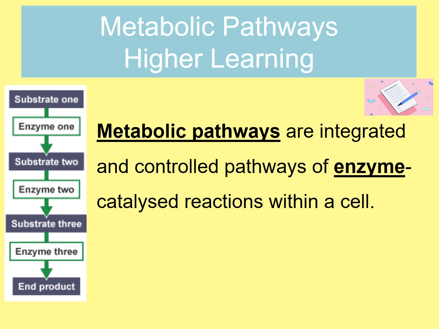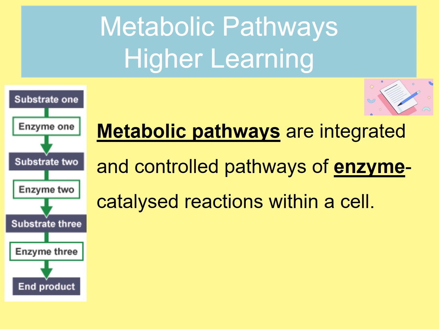Metabolic pathways are integrated and controlled pathways of enzyme catalysed reactions within a cell. If I draw your attention to the diagram, what you see is that these enzymes now do not act alone, they act within a pathway.